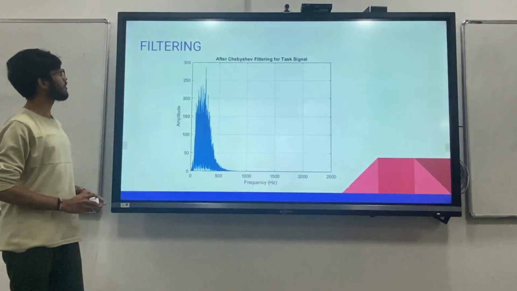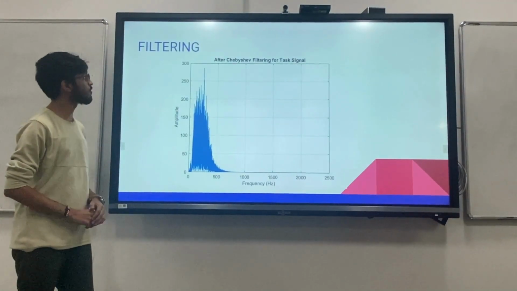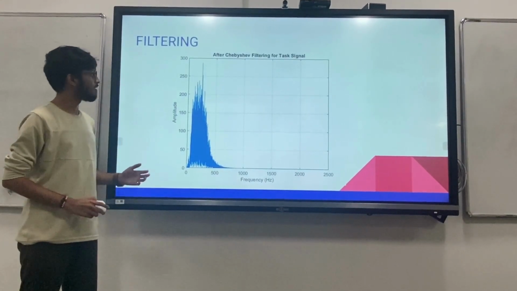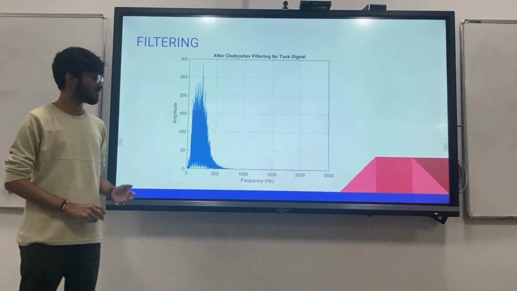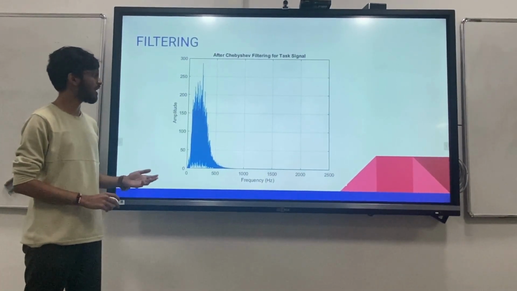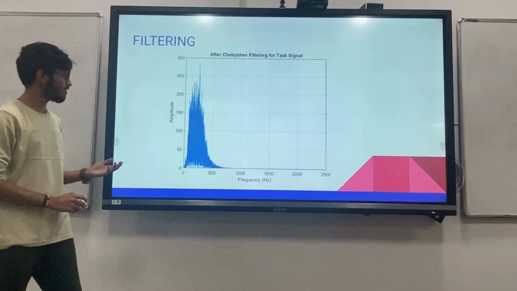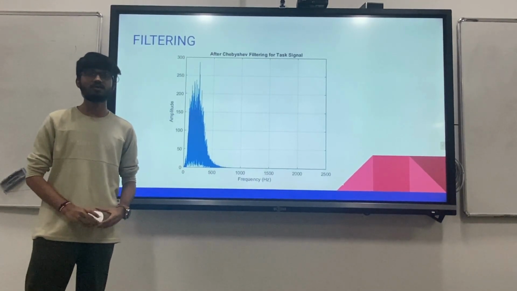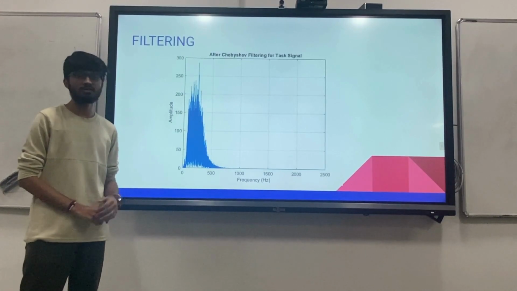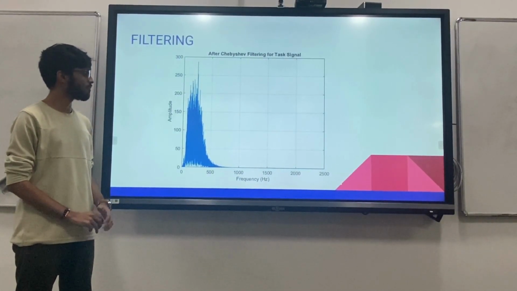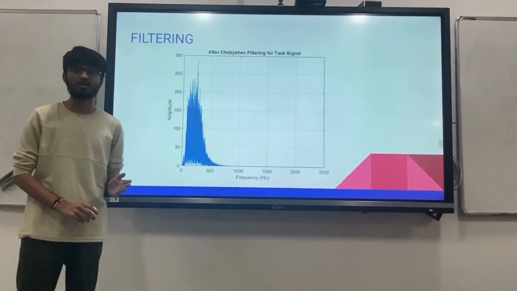So the first important concept that we used was filtering. Filtering is a very common concept, and it is used to eliminate certain frequencies or to pass certain bands of frequencies. There are a couple of common types of filters, which include a low pass filter, which can be used to pass a band of frequencies lower than a particular cutoff.